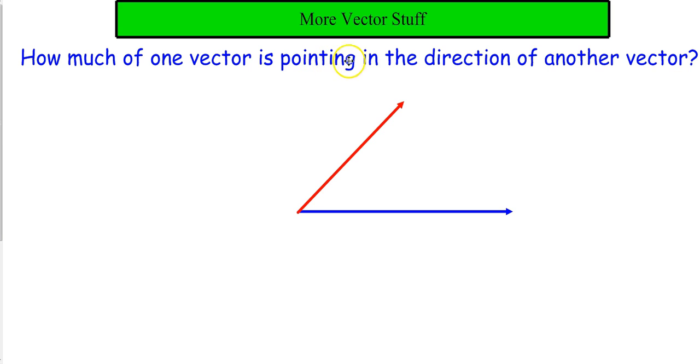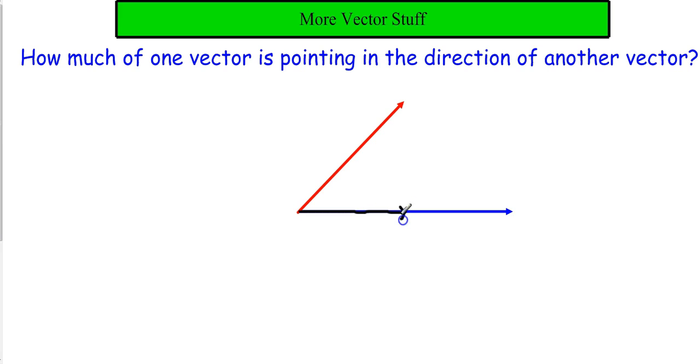So how much of one vector is pointing in the direction of another? Well, the direction of this is 0 degrees. So how much of this red vector is pointing in the direction of 0 degrees? We would take into consideration our components here. And what we're left with is something where we draw our vector, and it looks something like this.